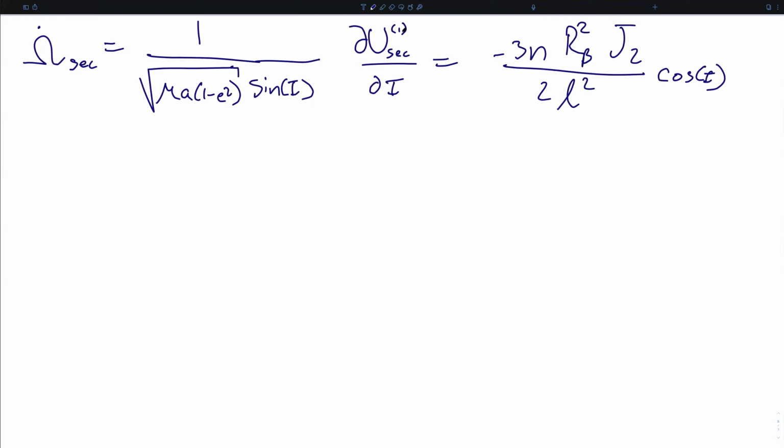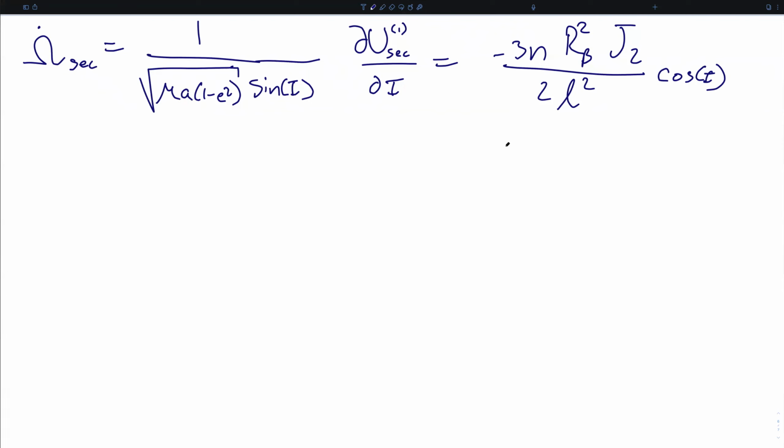Let's, for example, look at the rate of change of the longitude of the ascending node. This is the partial of the perturbing potential with respect to i times 1 over root mu a 1 minus e squared sine i. And for the secular perturbing potential due to J2, this whole thing evaluates to negative 3n times the equatorial radius of the central body squared times J2 over 2 l squared cosine i.